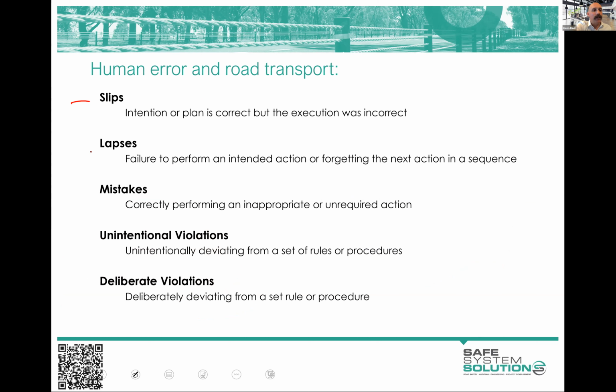We've got slips, lapses, mistakes, and unintentional violations, before we get to that deliberate violation, which is that 230 down the wrong way on the freeway, or intentionally running red lights and these sorts of behaviors, which the media will often portray as our road safety problem.